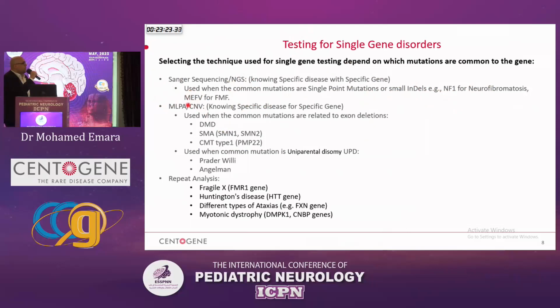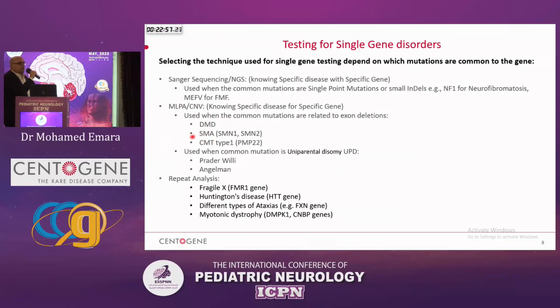If the common mutation for this disorder is an exonic deletion duplication, we have to go for MLPA, or copy number variants. As an example of disorders that can be detected by MLPA, DMD can be detected first by MLPA, as about 95% of the patients affected by DMD can be detected by MLPA of DMD.